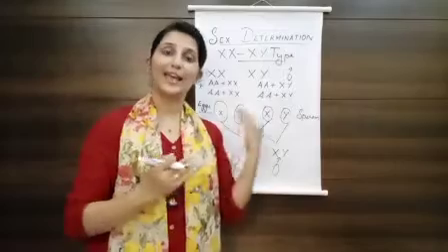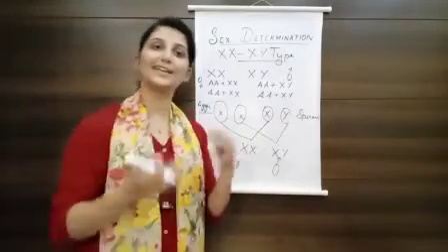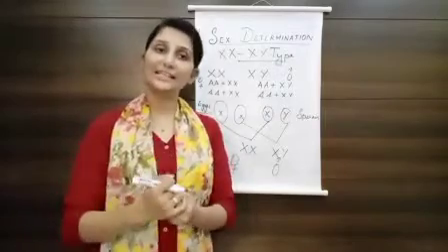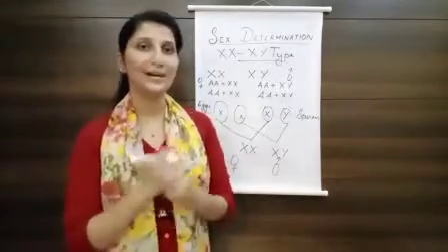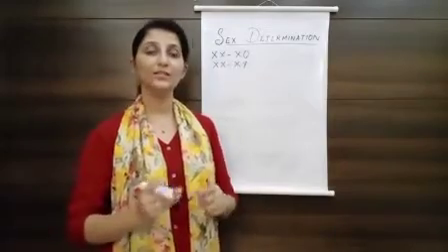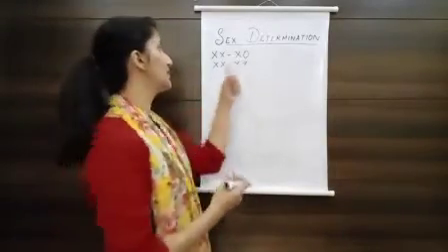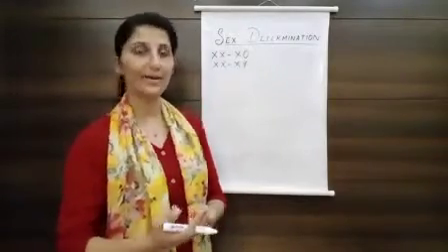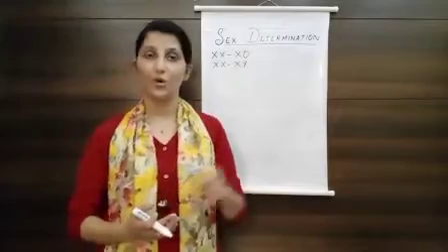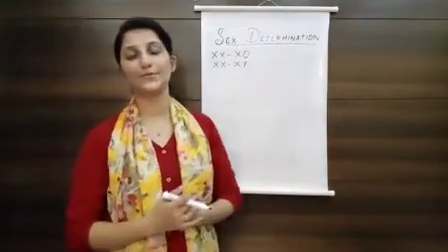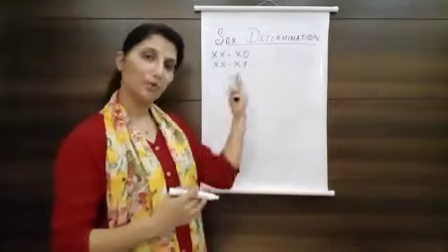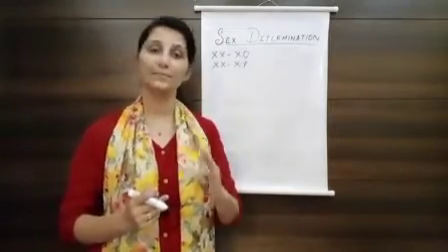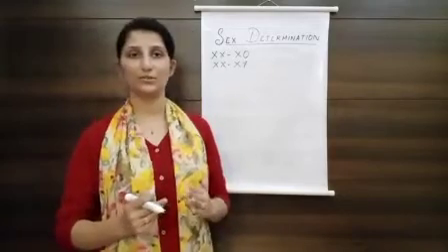Now we are finished with XX and XO type and XX and XY type. Next, we are going to learn about the sex determination which is seen in birds. Dear children, we learnt about the sex determination in grasshopper, which is XX and XO type, whereas in mammals and some other insects, it is XX and XY type. What is the similarity between these two types of sex determination? In both cases, the males produce two different types of gametes or sperms.